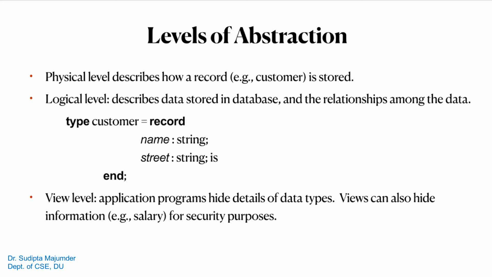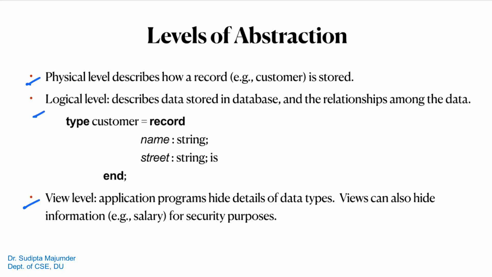The next topic is level of abstraction. Level of abstraction shows us how records are stored in the database. There are basically three types of abstractions: physical abstraction, logical abstraction, and view level abstraction.